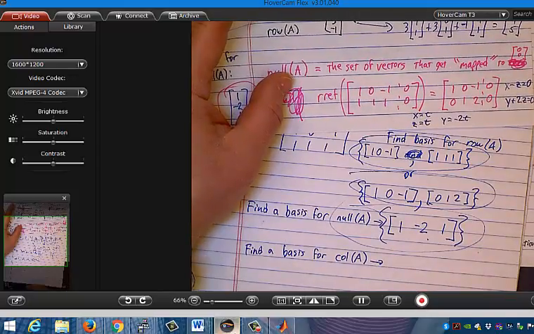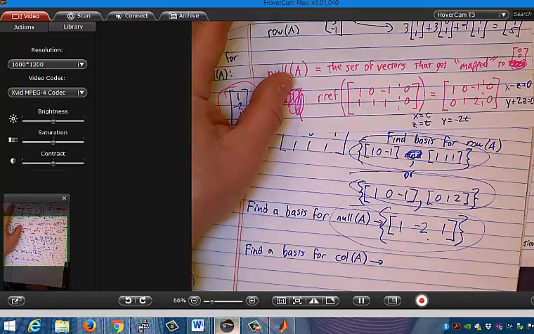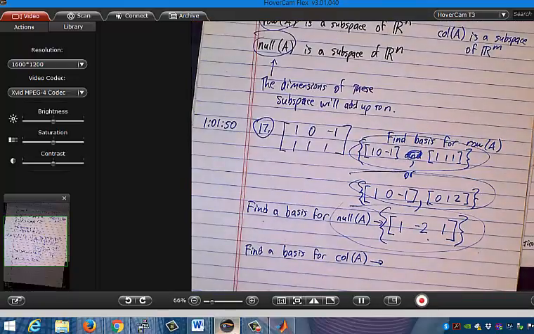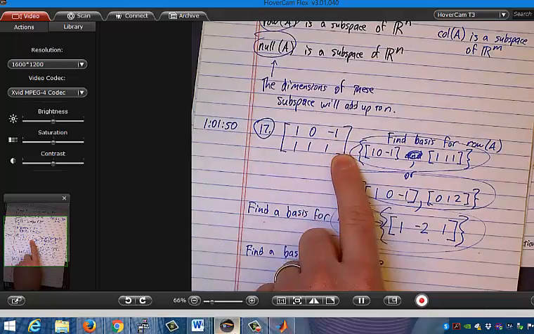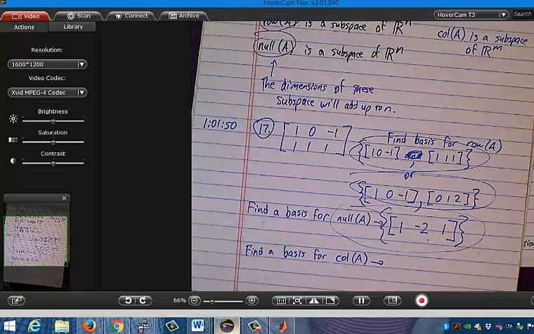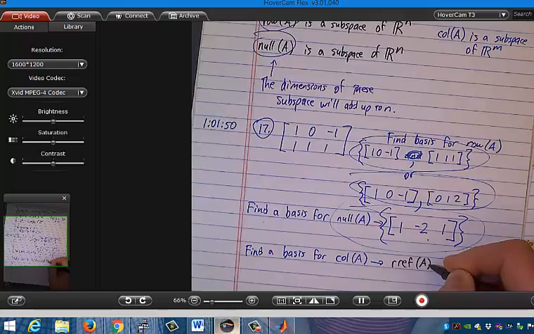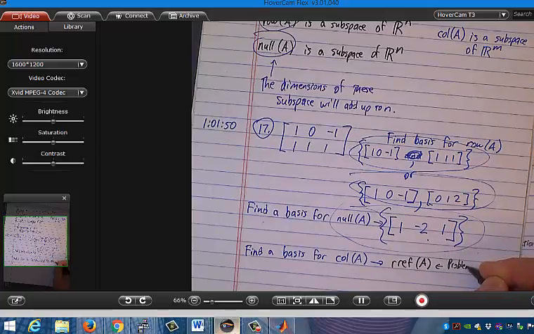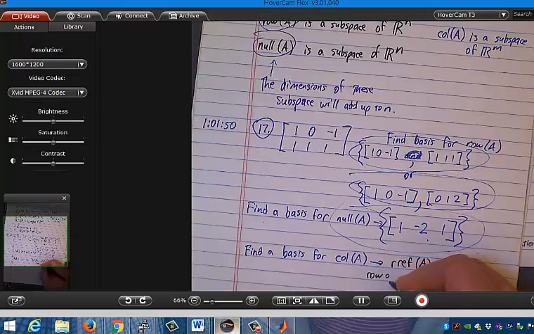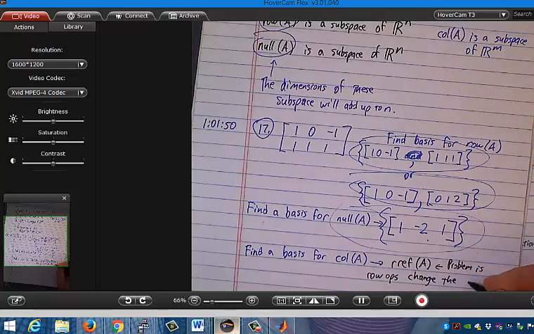Now, how do you do that? Well, again, we're looking at the columns, right? So what the book says is a good idea, and I kind of like this: do reduced row echelon form of A, but there's a problem. The problem is that the row ops change the column space.